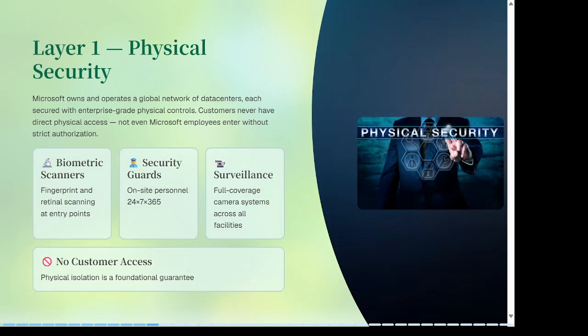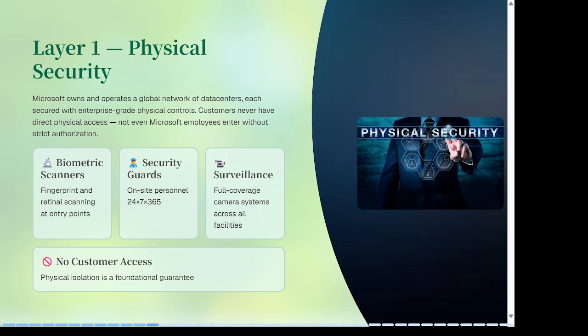Okay. Layer 1, physical security. Before we talk about firewalls, encryption or identity, we need to understand something very important. Security in Azure starts even before a single virtual machine is created.